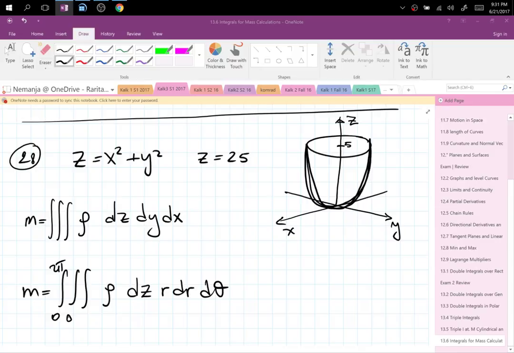Wait, why did they say z is 25? Oh, z is 25. So 0 to, Nick, what did you say? 0 to 5. Because the square root of 25 is 5. This is supposed to say 25 over here on the picture.